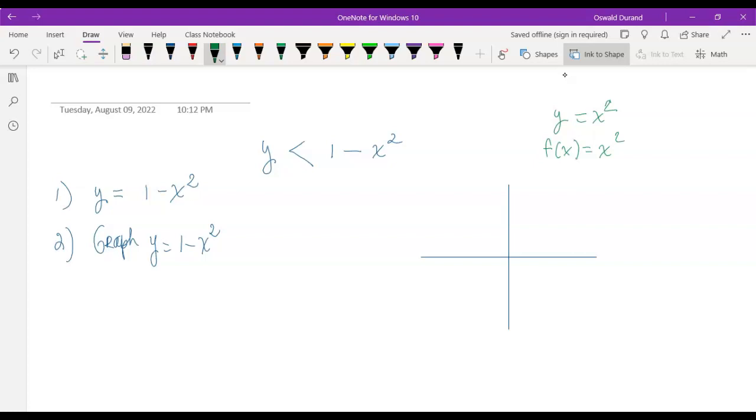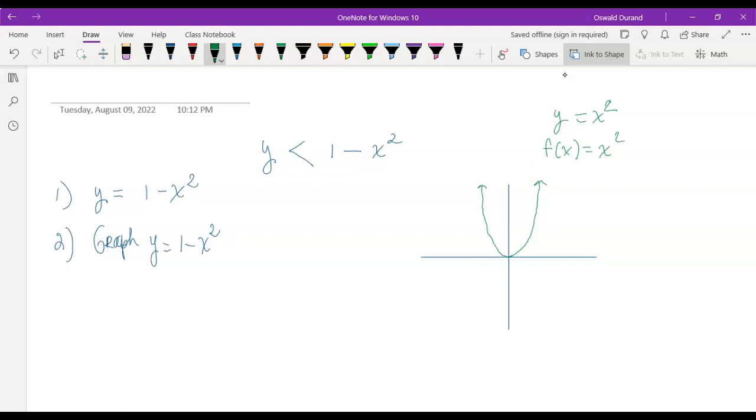And the basic parabola goes as follows. Never mind, the curve is a little bit messed up, but basically this is how a quadratic function y equal x squared looks like, right?